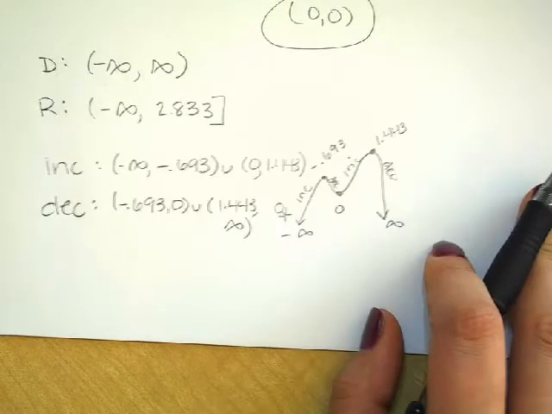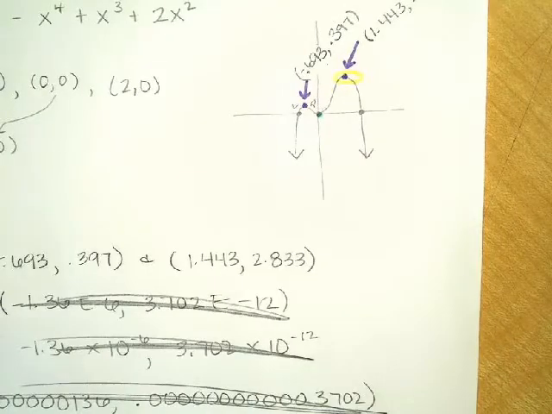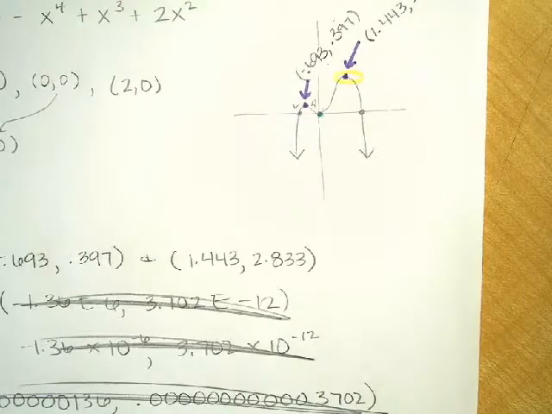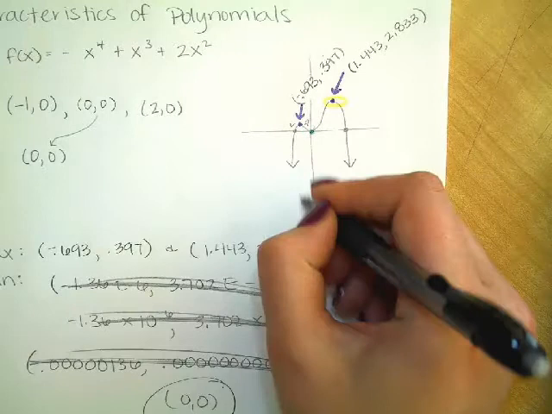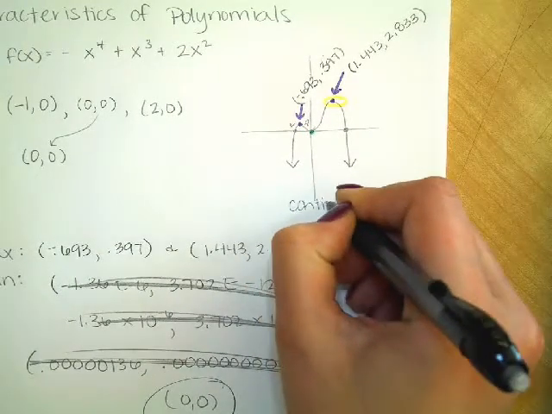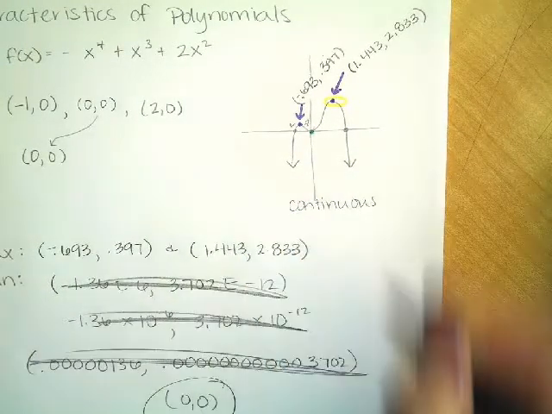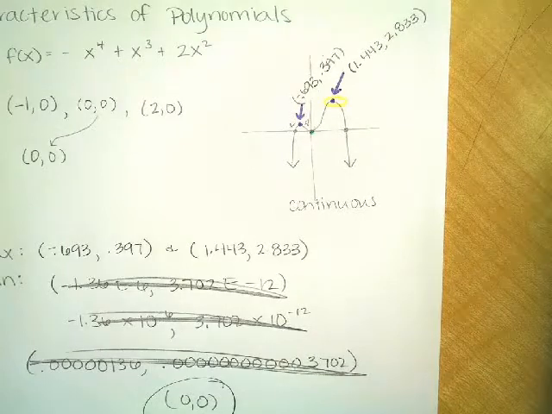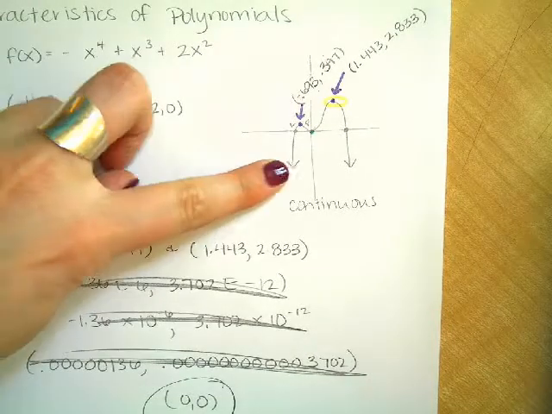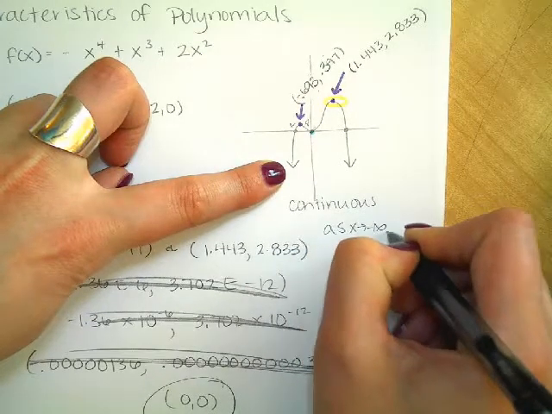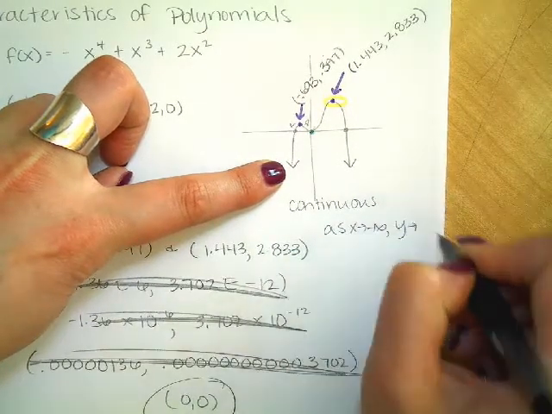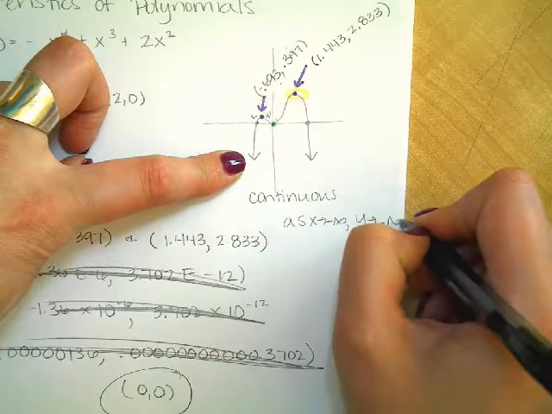Okay. We want to see if the graph is continuous. Can you trace it with your finger? Yeah, so we're back to some of the easy ones, right? This is continuous. We also want to do our end behavior. As x goes left, y goes down.